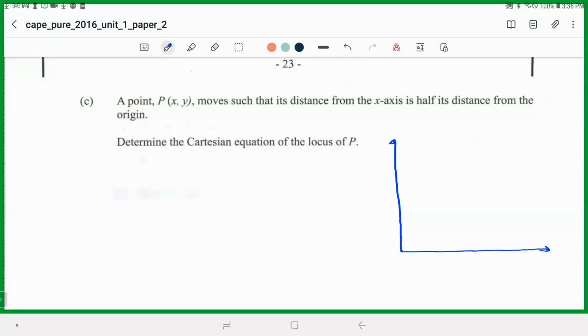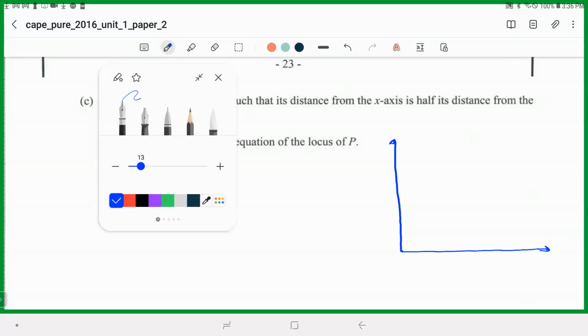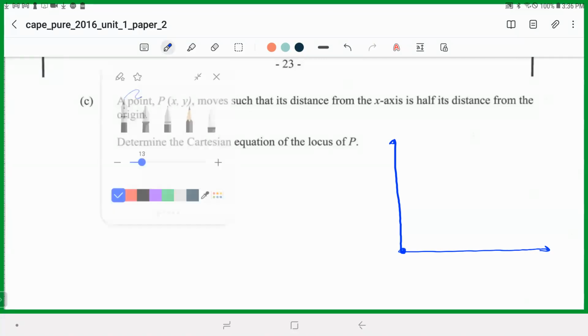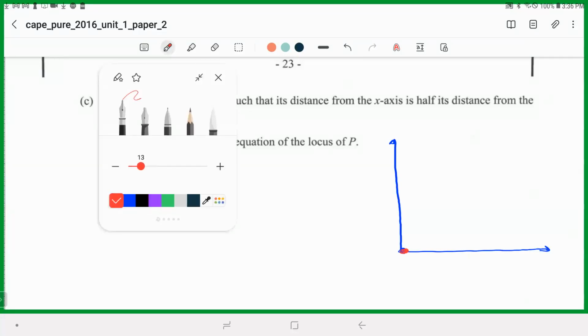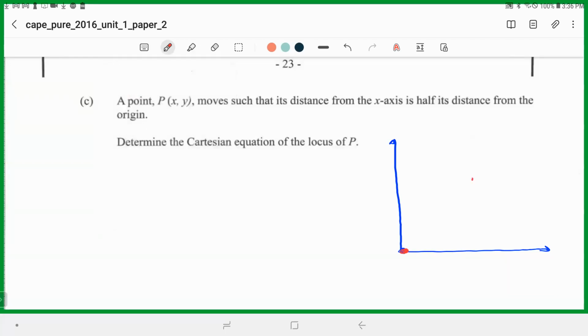I know that the origin comes into play, so let's place the point P first and give it coordinates x, y.